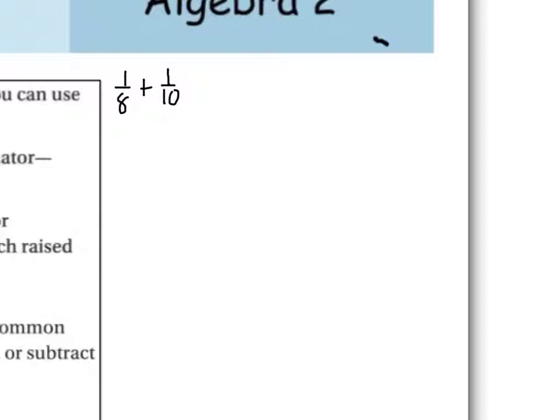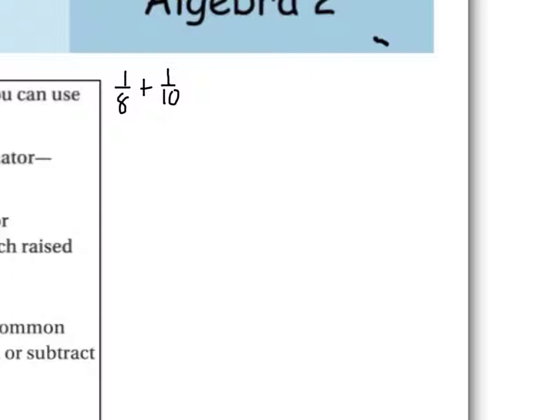Now again, dealing with numbers, you might be able to look at this right away and say, okay, we can use 80, or we can use 40. But when we're dealing with polynomials, it's not going to be as easy to see the common denominator right away. So I want to show you a strategy that we're going to use with polynomials that you can also use when you're dealing with simple numbers.